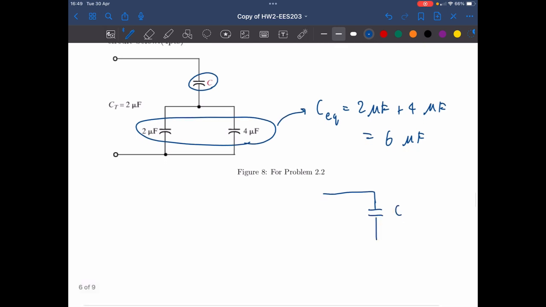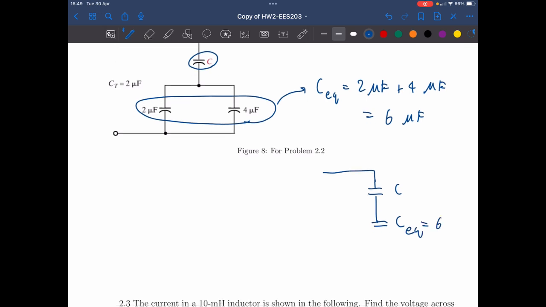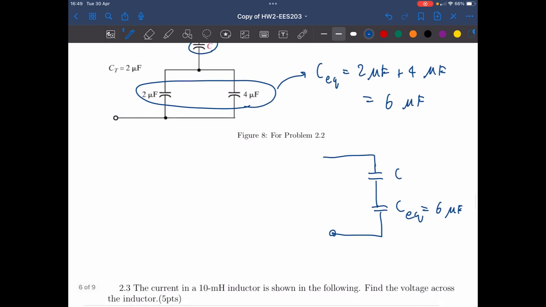Alright, now let's write it again to make it simple here. So we got the C and we have the C equivalent here, which is equal to 6 microfarad. Now, what do we have here?